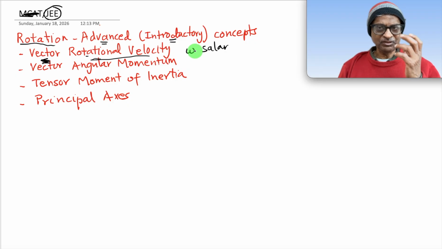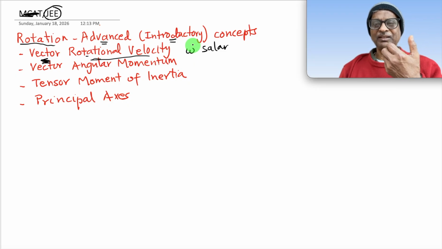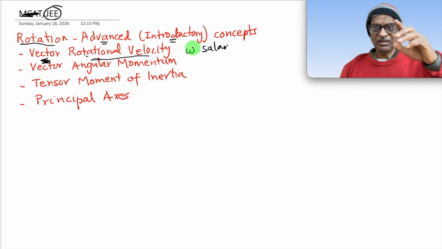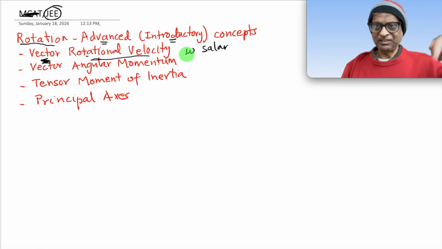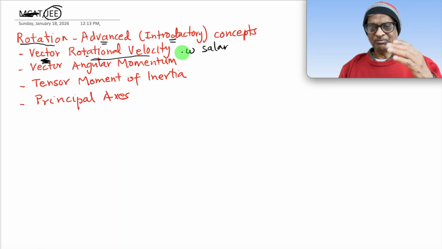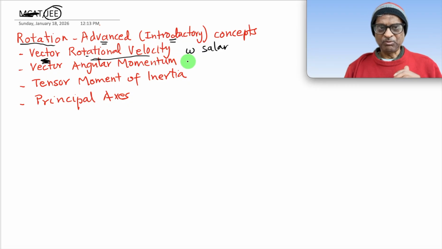It's not easy to think, if something is rotating, or going around like that, and a vector is straight, how does that become straight? That's a problem.